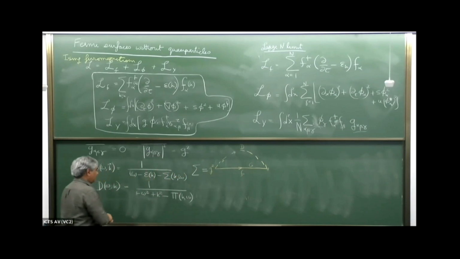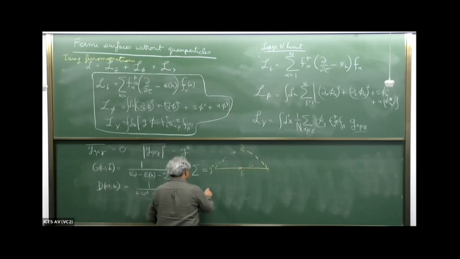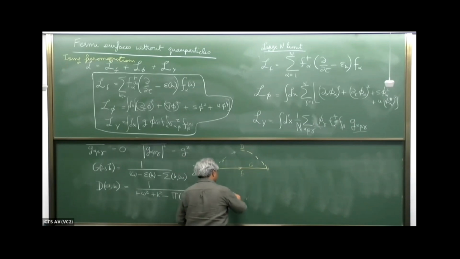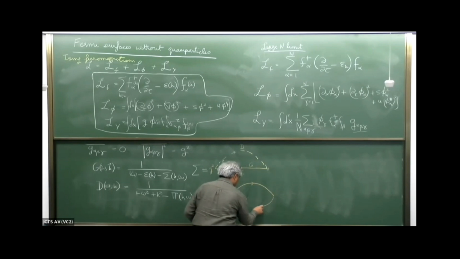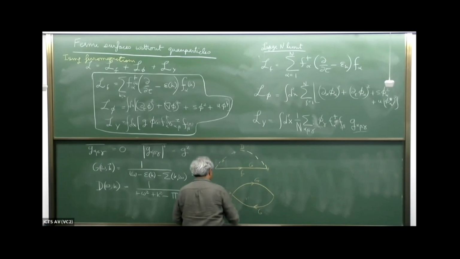And what's pi? The boson Green's function. Well, pi is equal to, again, the simple bubble. And this is now the full G on the full G, and another G squared out front. And that's it.